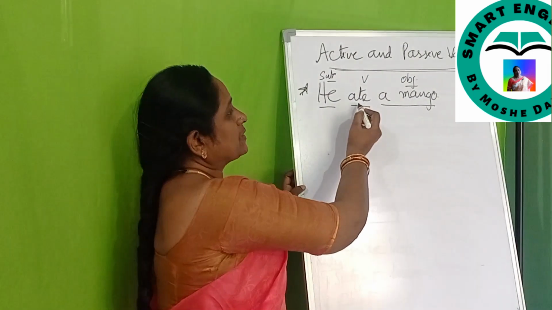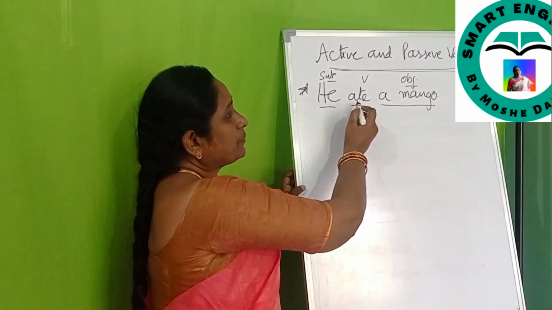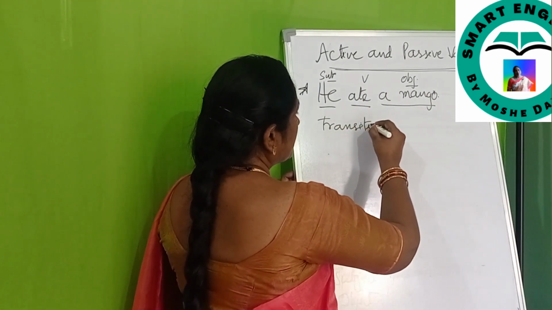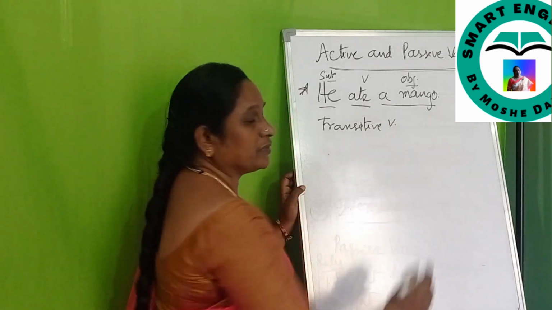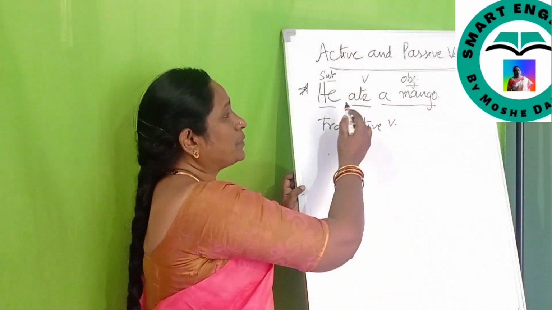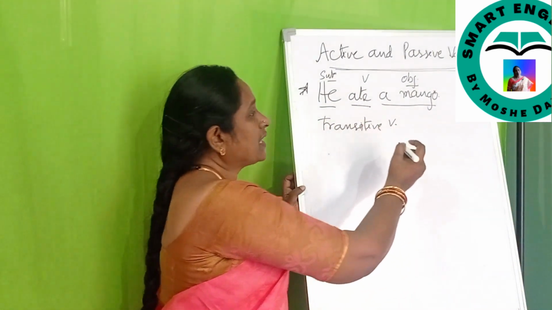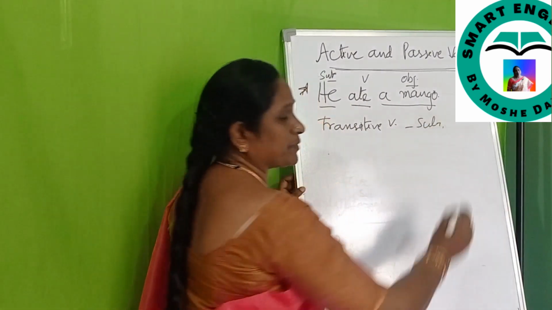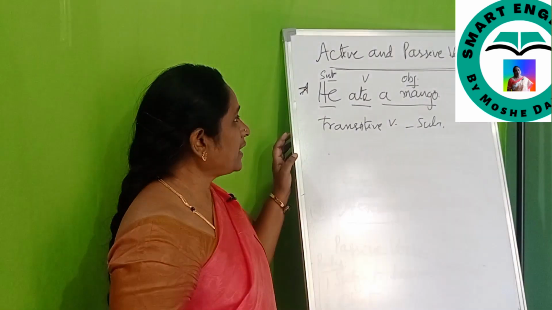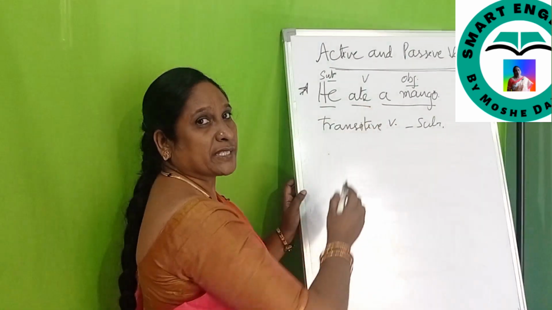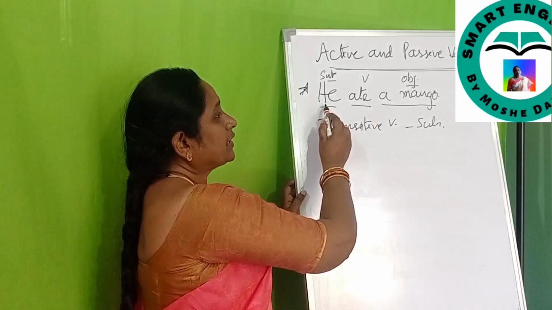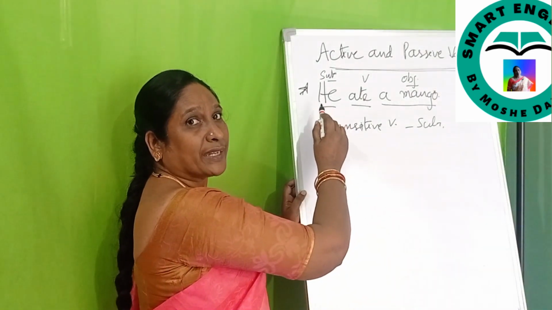The verb here is called a transitive verb. Transitive verb means this particular verb has a subject and an object. Here the verb is telling what the subject does.